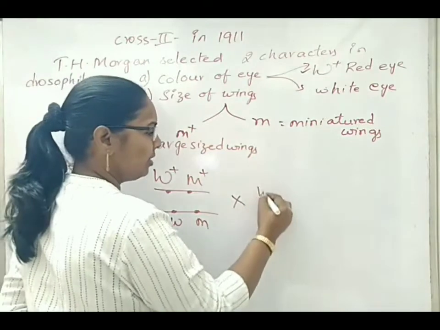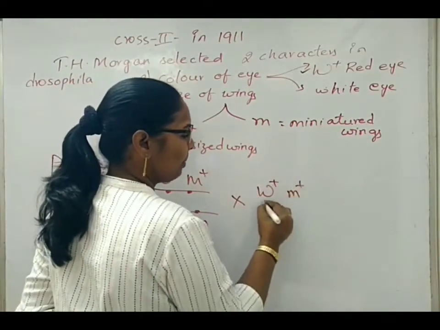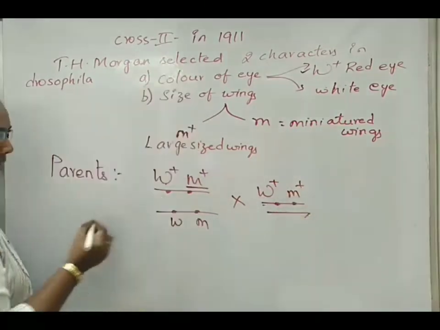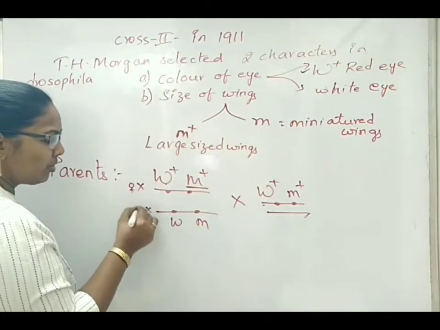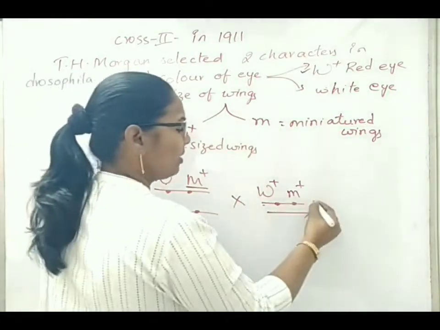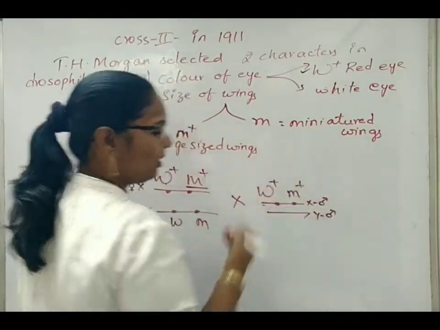When it is crossed with a normal red color eyed and large sized wing male, here this is X chromosome of female, this is X chromosome of female. Here this is X chromosome of male, this is Y chromosome of male.